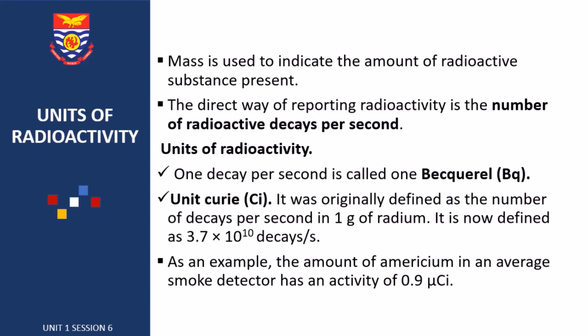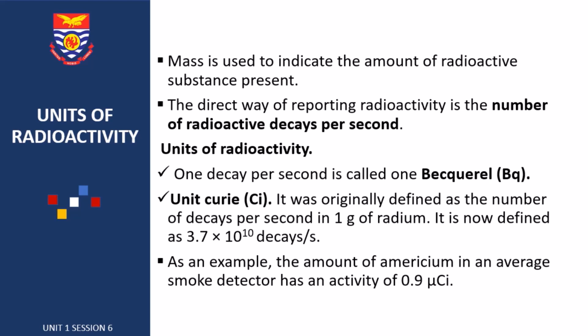But currently, it is referred to as 3.7 times 10 to the power 10 decays per second. So every 1 Curie is equivalent to 3.7 times 10 to the power 10 decays per second.